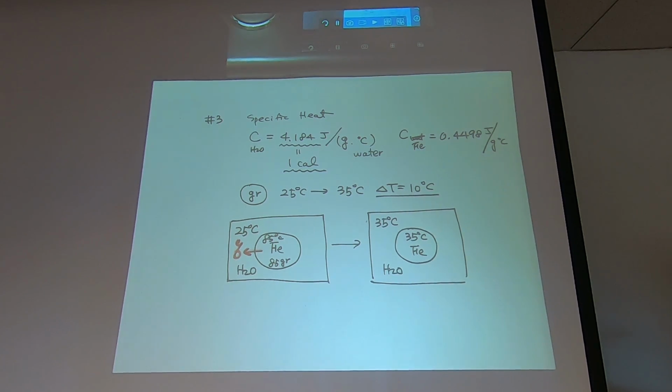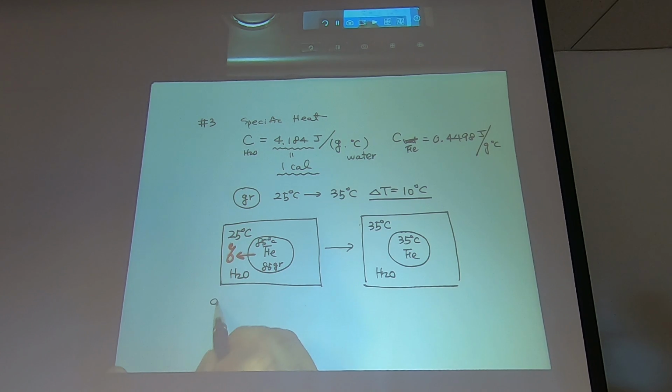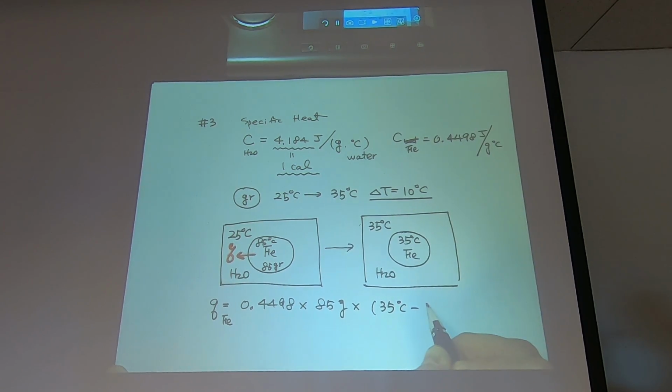So as far as the heat Q for Fe is concerned, my heat capacity is 0.4498, and then I have 85 grams, and my temperature change is 35 final minus 85.